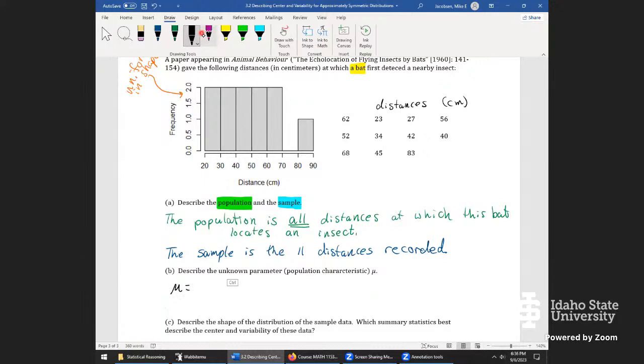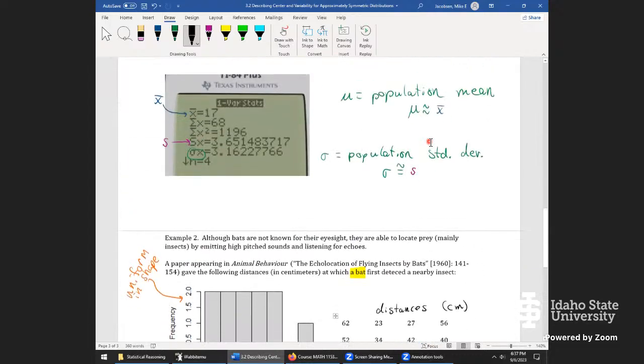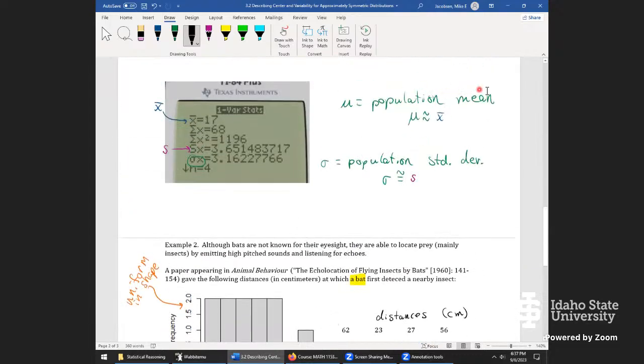I'll just write mu equals, and when you go to write this, try to go upwards and then just do a letter U. It has a longer tail as you start. It doesn't have to be perfect. If it looks like the letter M, I'll assume it's a mu. Now it's our population characteristic. In fact, if we go up to the notes for a moment, we wrote it down once. It's the population mean of something.